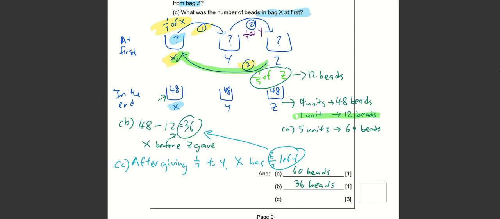So in other words, 6 units was 36 bits. So at first you are looking for 7 units. So 36 divided by 6 is 6. 6 times 7, 42 bits.